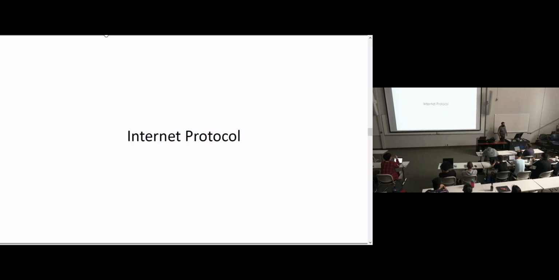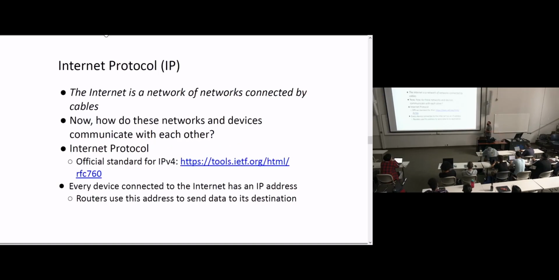So what do we do with these cables? The answer is protocols. We'll talk about a lot of protocols in this class. The first two, Internet Protocol and TCP. Internet Protocol is going to determine how we communicate. So when we plug in to the Internet, if we send a message over the Internet, we don't want that just blasting over every single wire and sending that to every machine on the network.